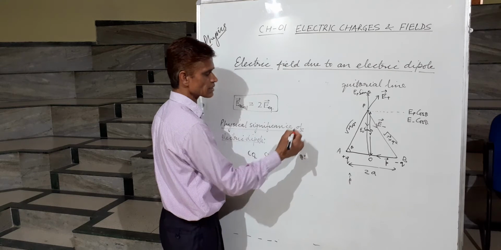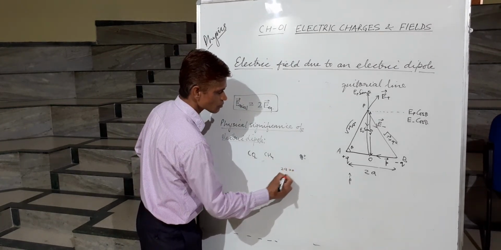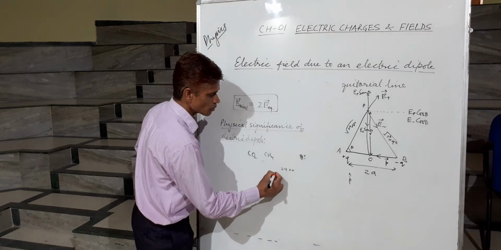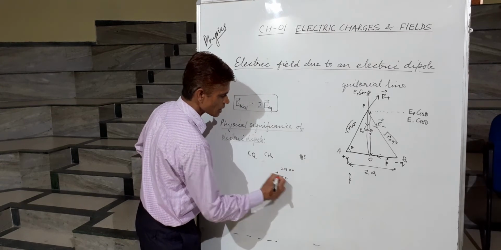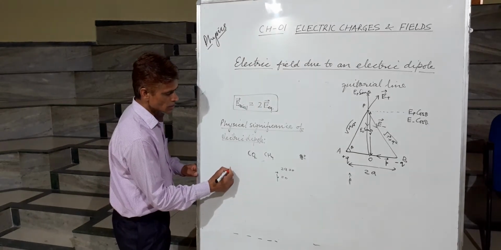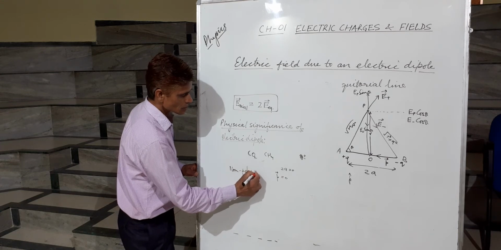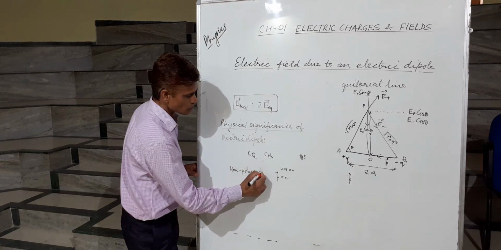There is no separation, so this 2a is equal to 0. So the electric dipole moment of such a molecule is 0, and such molecules are called non-polar molecules.